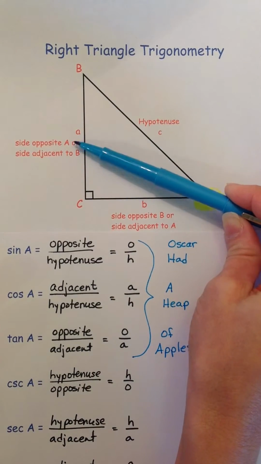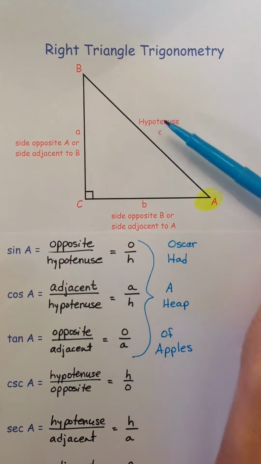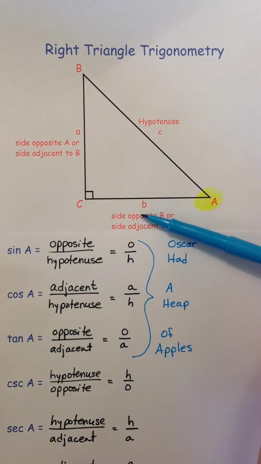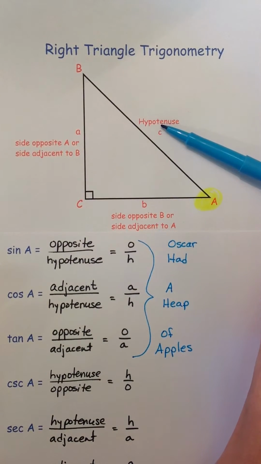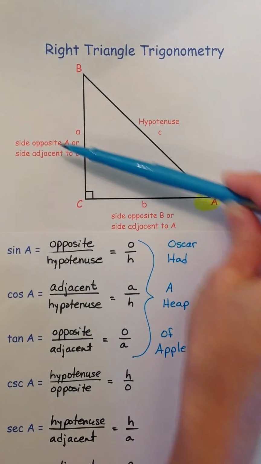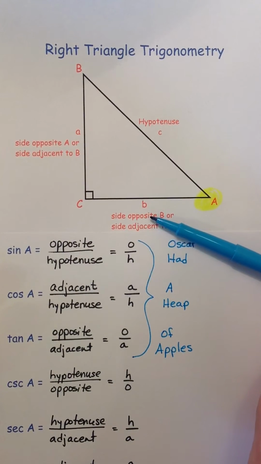If you knew the length of this side and this side, then you could create that ratio. Then for cosine of angle A, that would be the adjacent side divided by the hypotenuse. And finally, tangent of angle A, you would go with your opposite side divided by your adjacent side.